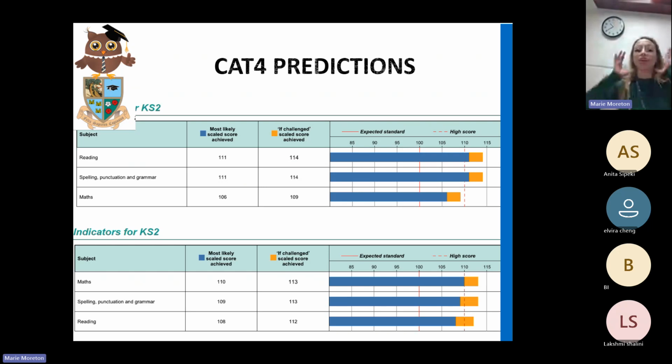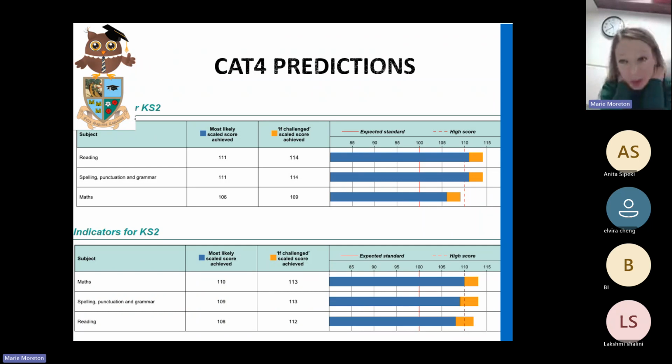So this is the kind of information that you will get as well. It gives predictions based on what they should achieve and what they could achieve if they were challenged.